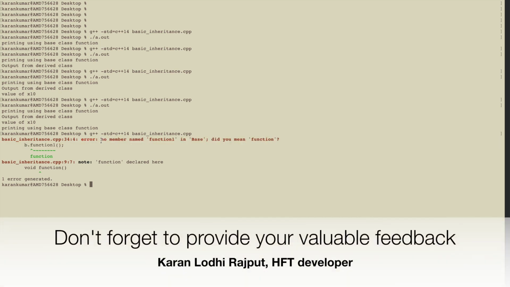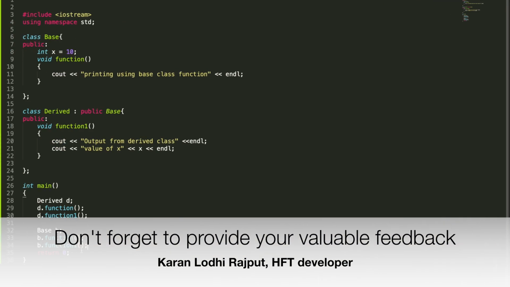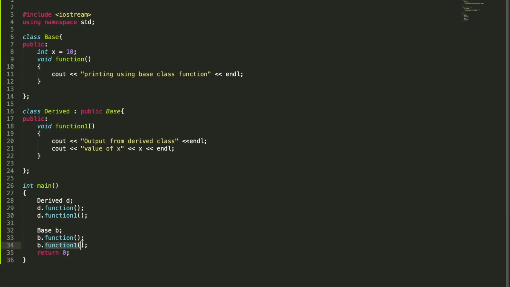So basically here I am getting an error that the base class does not contain this particular function1. So we cannot call function1 because it belongs to the derived class, not to the base class, whereas we are trying to call this particular function using the base class object. So this is not allowed. So basically this is an error.